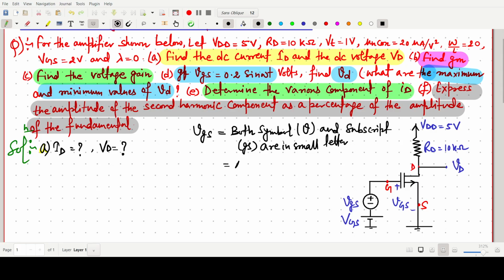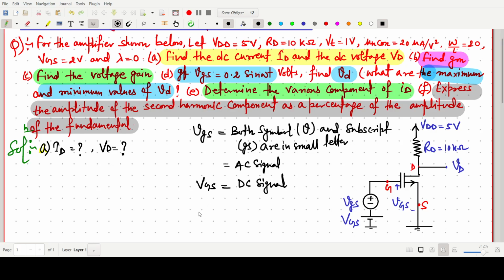So this one is basically an AC signal, where both v as well as gs are in small letters. When both are in capital letters, we say this is a DC signal, the DC gate to source voltage.